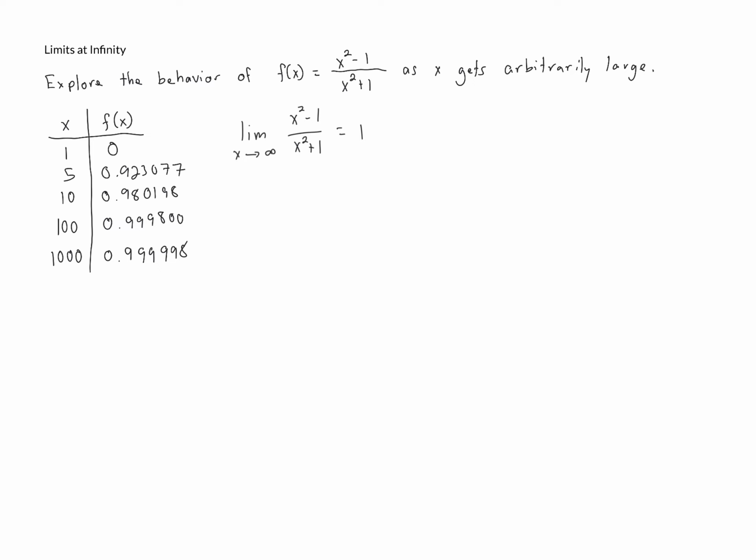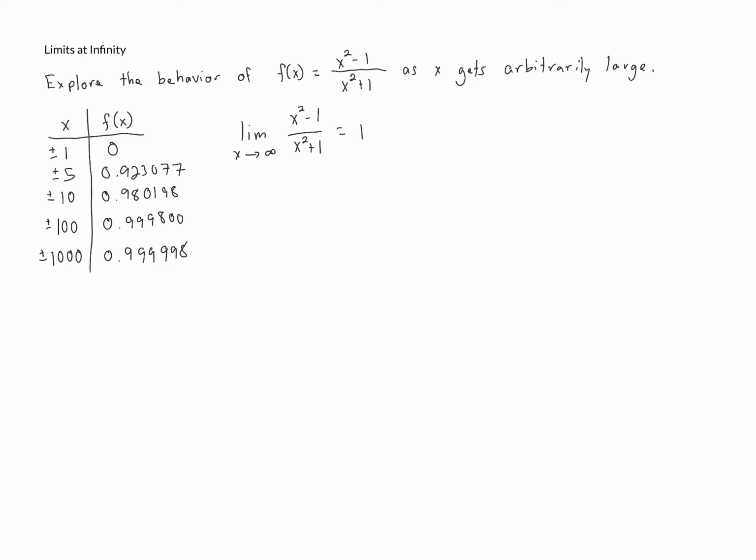But here's an interesting thing. If you look at this function, the only time x appears is when x is squared in the numerator and denominator. And if we square a negative number, we end up with a positive result. And so even if we took -1 and -5 and -10 and -100 and -1,000, we would end up with the same results. This is an even function. Doesn't matter if x is positive or negative, we get the same answer.